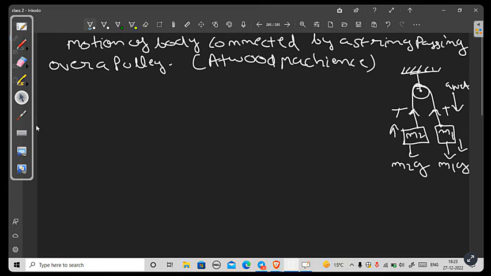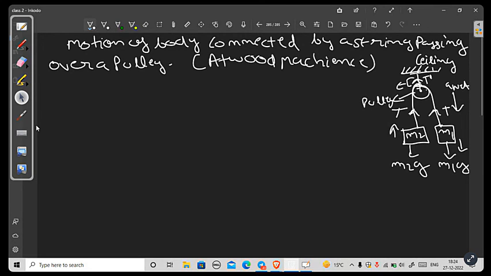If this tension is T, and this tension is T, there will be a tension T dash here. This tension will not be the same because this is not the same string. The string from which the pulley is attached to the ceiling is different.